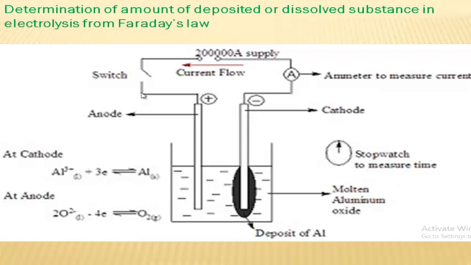Now when the current is supplied, what will happen? The anode is a positively charged electrode, so it attracts what? Negatively charged ions, that is anions. So when oxide ions reach the anode, what will happen?